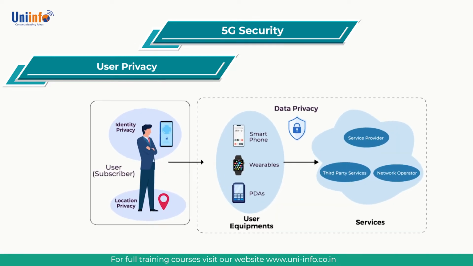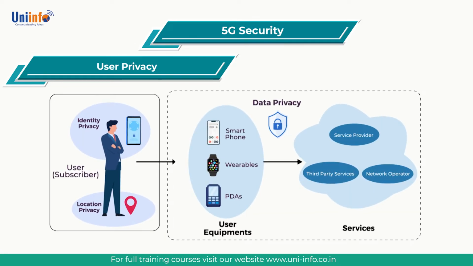But applications like searching for some kind of location information may require a smaller degree of privacy. For more focused understanding, we have split the user privacy concepts into three parts: data, location, and identity privacy, as shown in the figure on the screen.